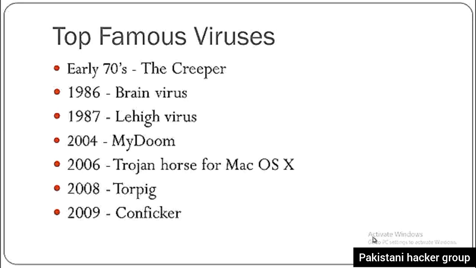After that, we had the Robert Morris virus, the Trojan horse for Mac OS X, Torpig, and Conficker. So these were also important, but we had other different types of viruses such as the Robert Morris worm, that invaded ARPANET computers and disabled 6,000 computers on the network by overflowing their memory banks with copies of itself.